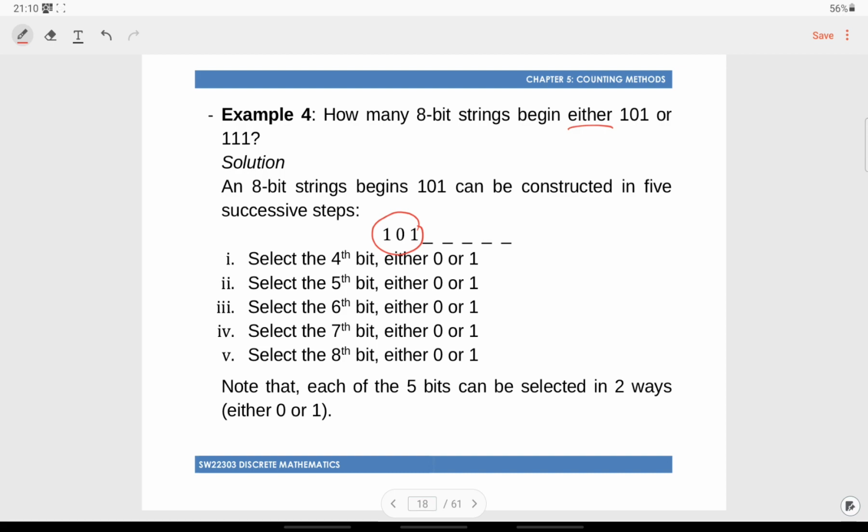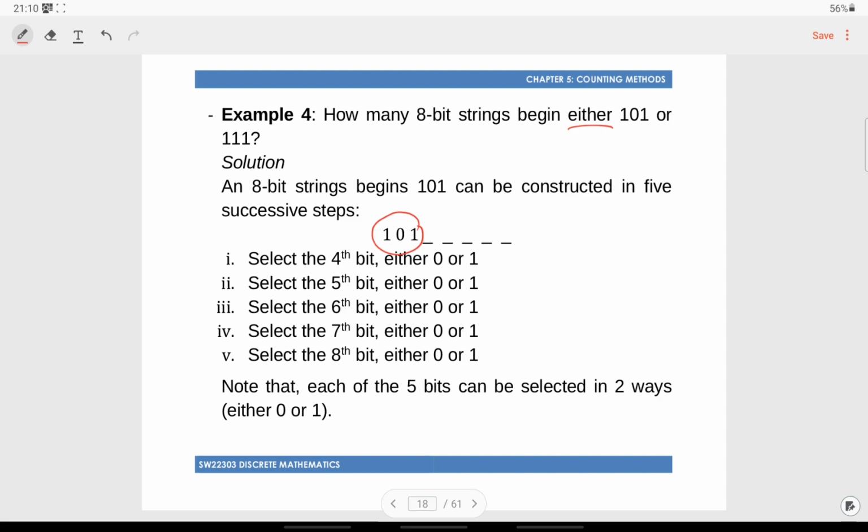The same goes for the 3rd step, either choose 0 or 1, followed by the 4th step to choose the 7th bit, either 0 or 1, and finally the 5th step, which is to select the 8th bit in this binary string. It also can be done by choosing 0 or 1.